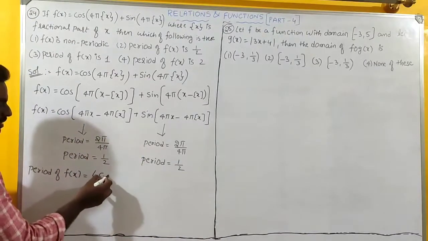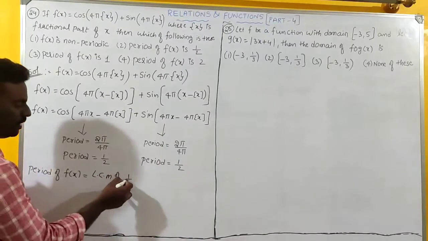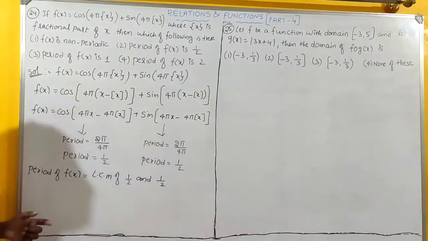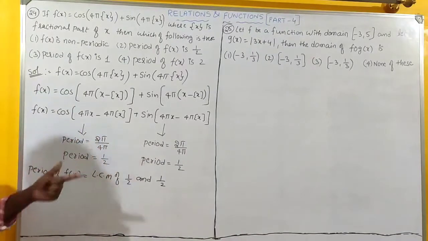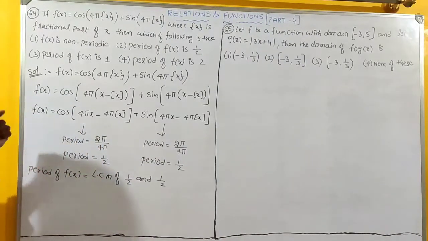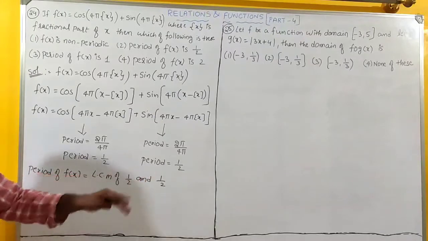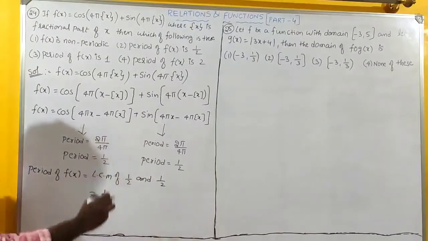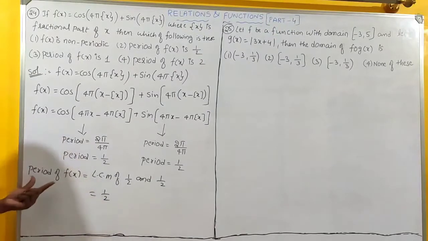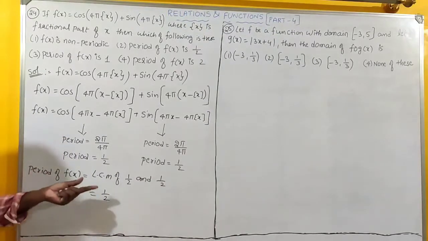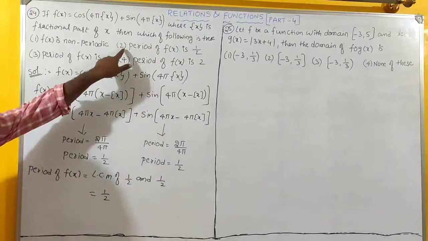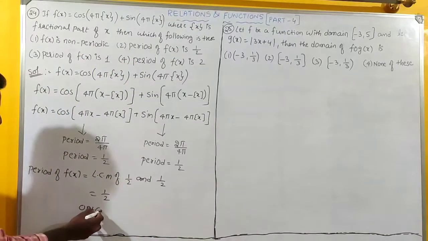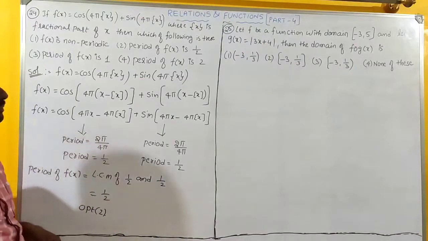LCM of 1 by 2 and 1 by 2 gives the total period of the function f of x. So it is a periodic function of period 1 by 2. That is nothing but which option? Option 2 is the correct answer.